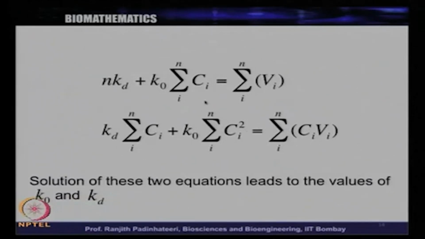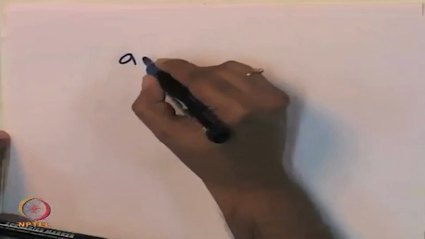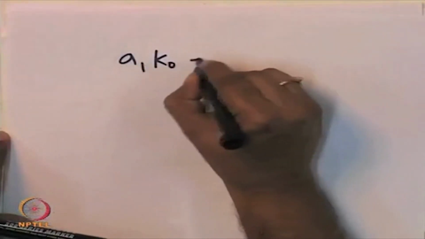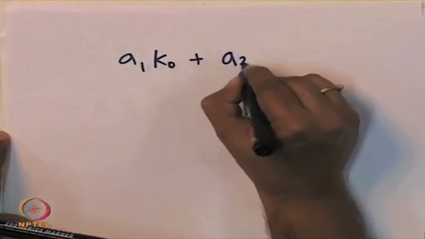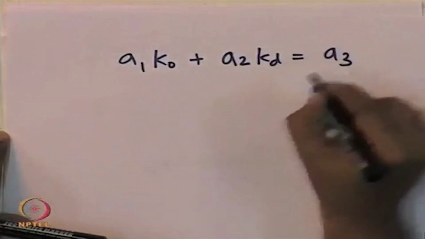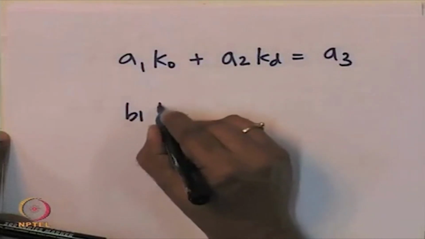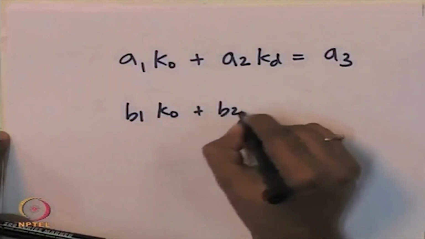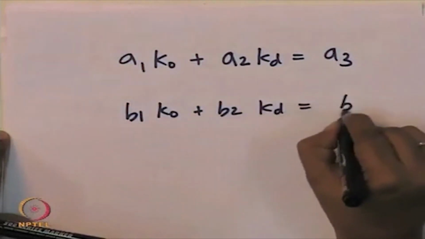So what you have is A1 into K0 plus A2 into Kd is equal to A3, and B1 into K0 plus B2 into Kd is equal to B3.